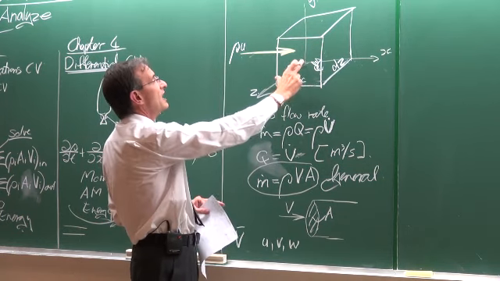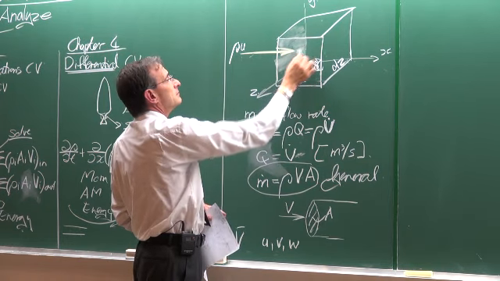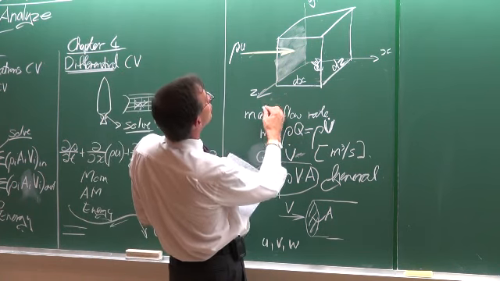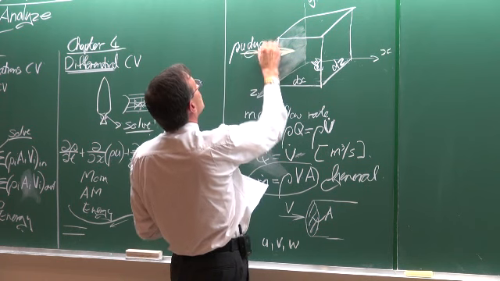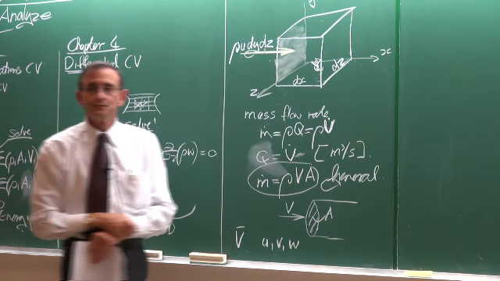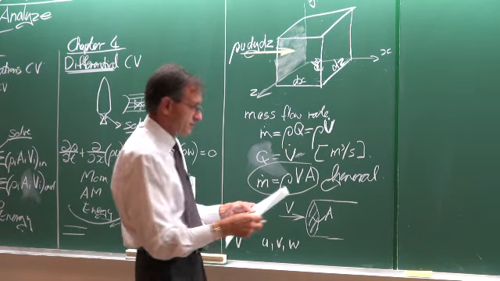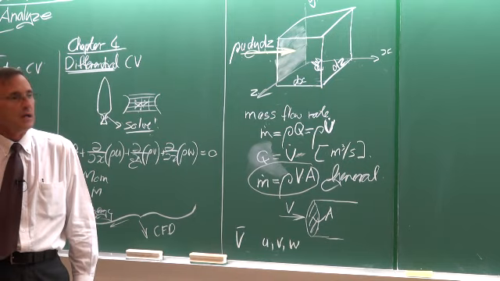And the cross-sectional area is this face here. You agree? So that is equal to dy multiplied by dz. Are you still happy? Right.